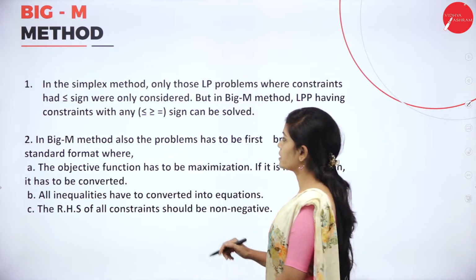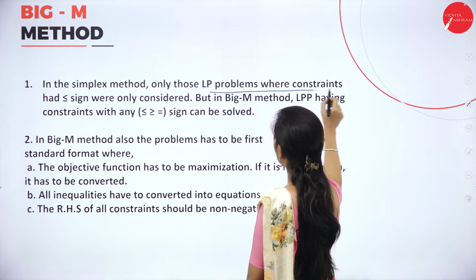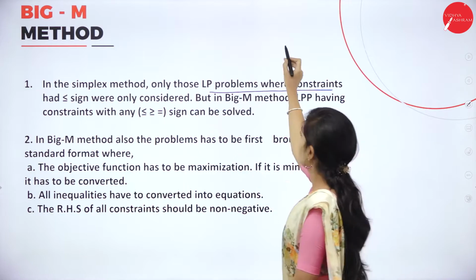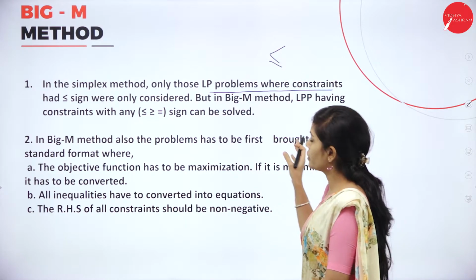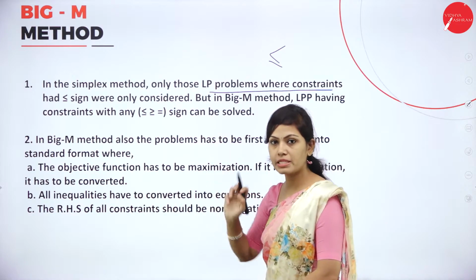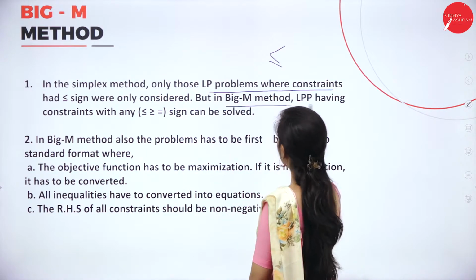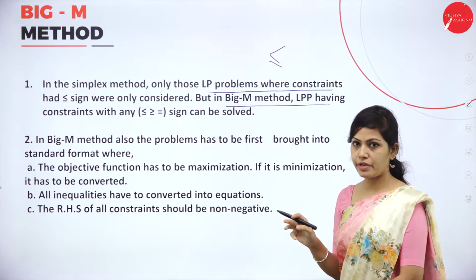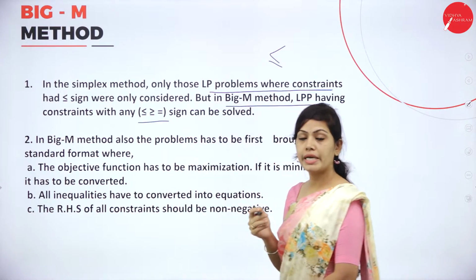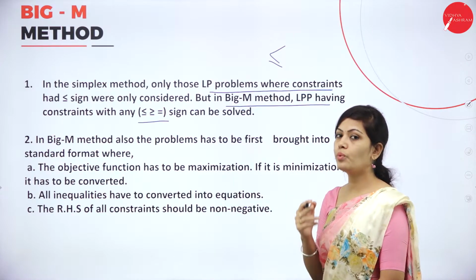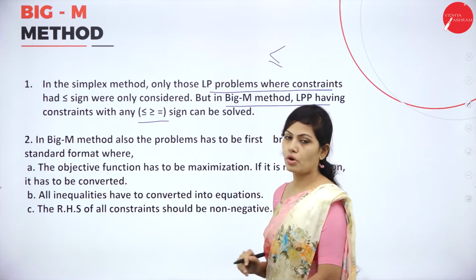In the simplex method, only those LP problems where constraints have less than or equal to sign can be solved. So only less than or equal to sign you will get in simplex method. But in BigM method, LPP having constraints with less than or equal to, greater than or equal to, or equal sign can be solved.